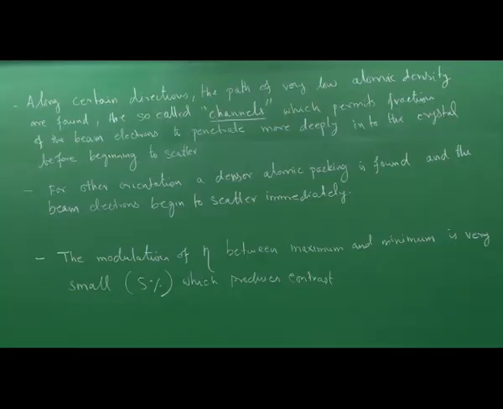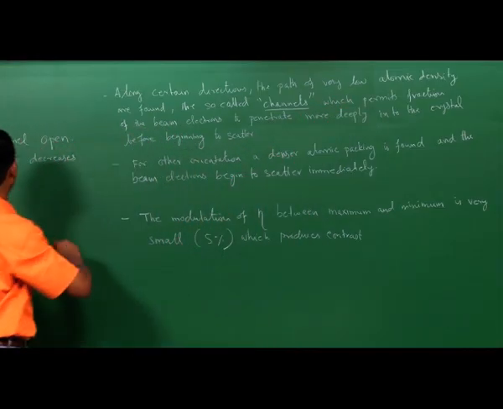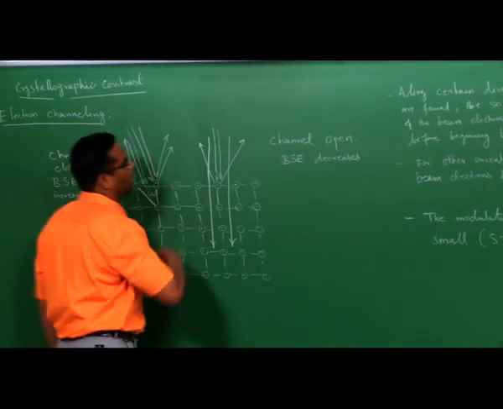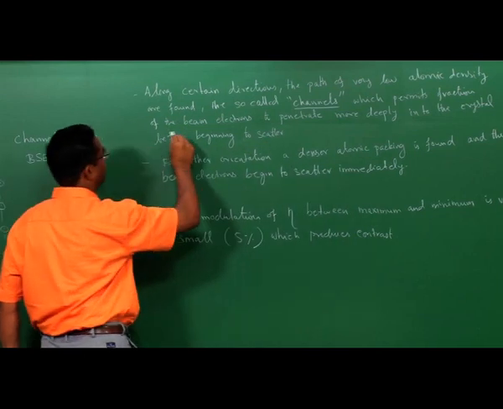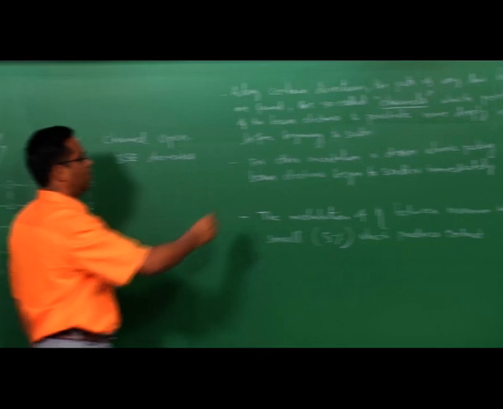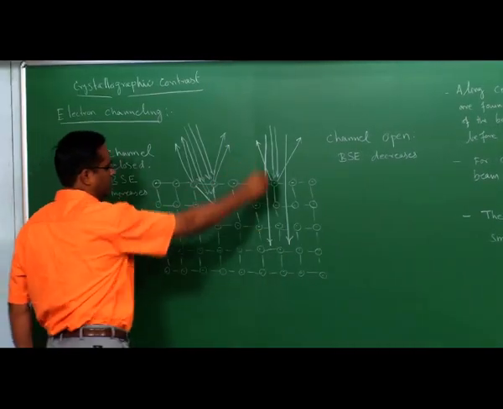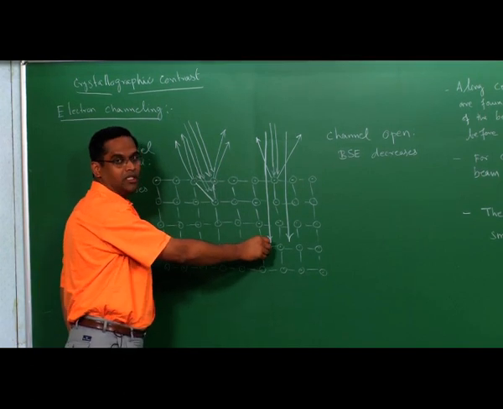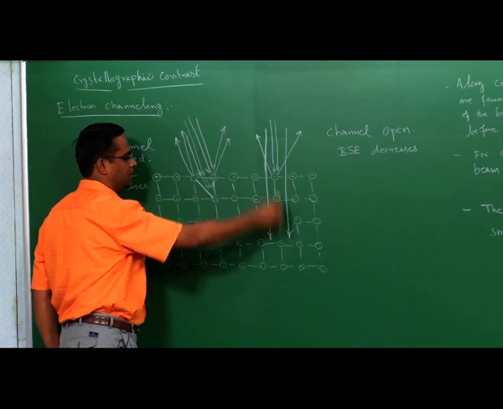So, what I have written here is that along certain directions the paths of low atomic density are found, something like this. The so-called channels permit a fraction of beam electrons to penetrate more deeply into the crystal before beginning to scatter. That means after reaching this point only the scattering event starts, then the BSE signal will come out of this.